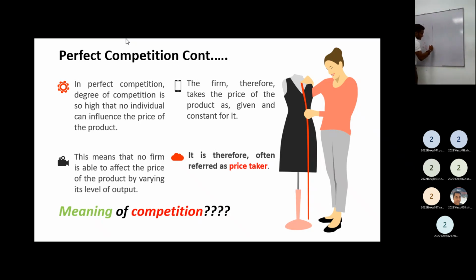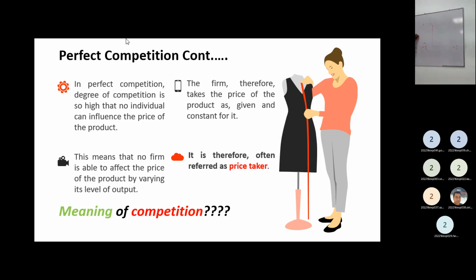This is the company's graph. Here you have the price, here you have the quantity. Now I told you that perfect competitive firms are price takers. They cannot decide their price. Accordingly, the market price for a particular product is 50.